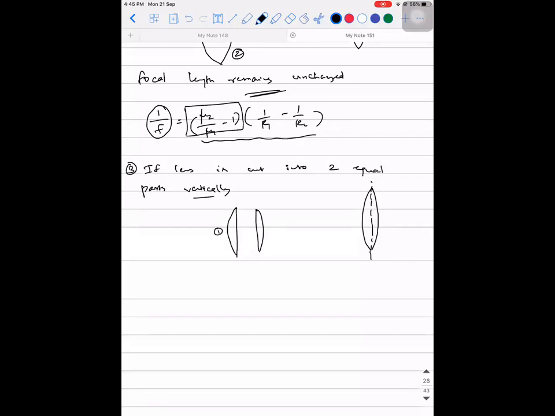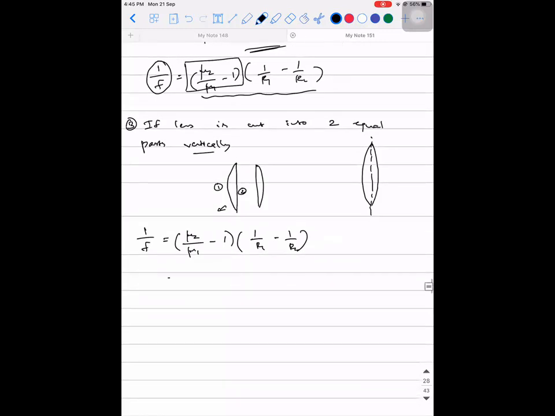So if I take this as the first surface, this as the second surface, for this one, if I apply Lensmaker's formula, 1 by f will be equal to mu2 by mu1 minus 1 into 1 by r1 minus 1 by r2. Correct?